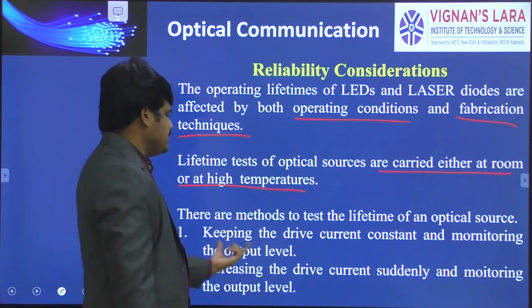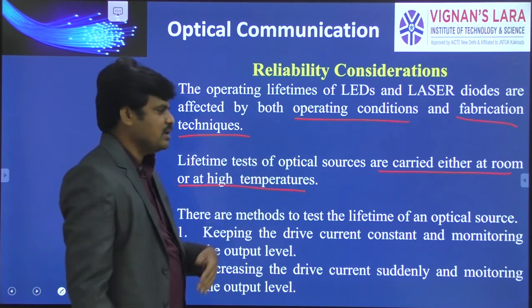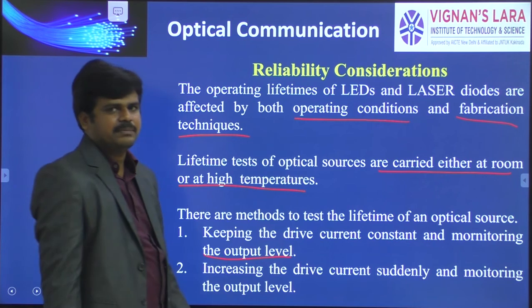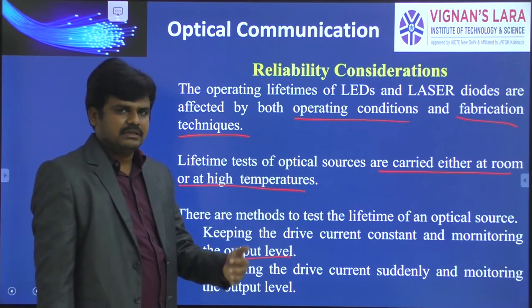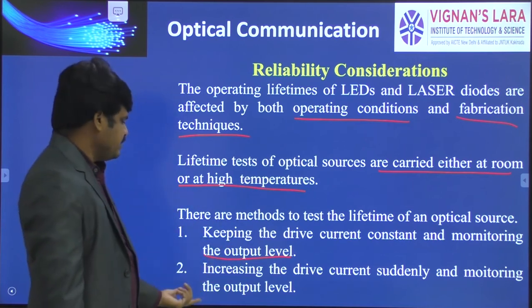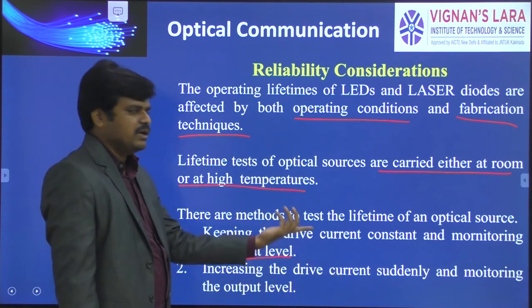The first is applying a constant drive current to the LED or laser diode and monitoring the output level. The second is increasing the drive current suddenly and monitoring the output.